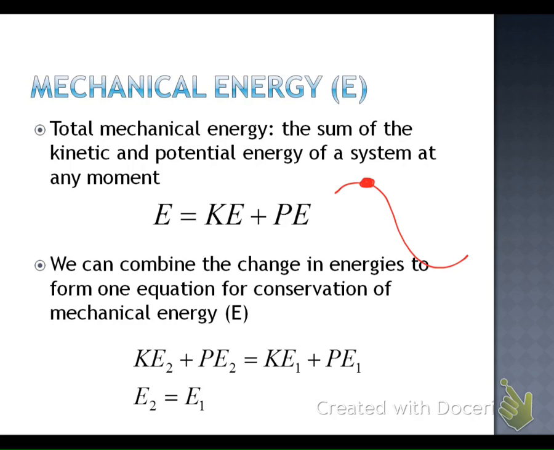If it starts from 0 velocity, from rest at the top of the system, what would our kinetic energy be? If it has 0 speed, what would its kinetic energy have to be? 0. It has no kinetic energy. So that means all this energy at the top of the system must be potential.